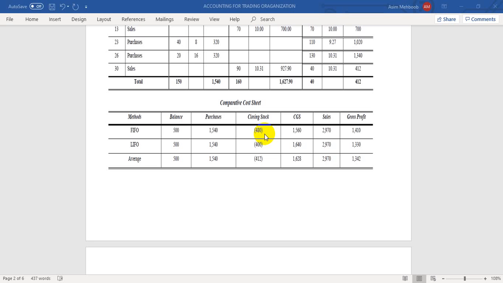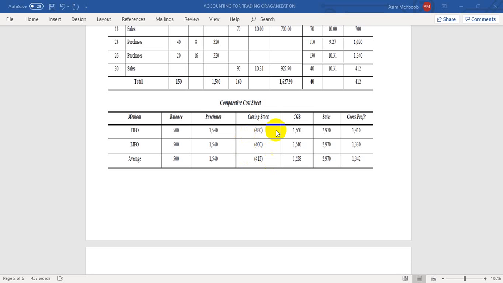First in first out means whatever we buy first, we sell first. So the cheapest or oldest inventory will be sold first, because we bought first, so we sold first. The remaining or unsold inventory will be the latest one, and the latest one will be higher if prices are rising.